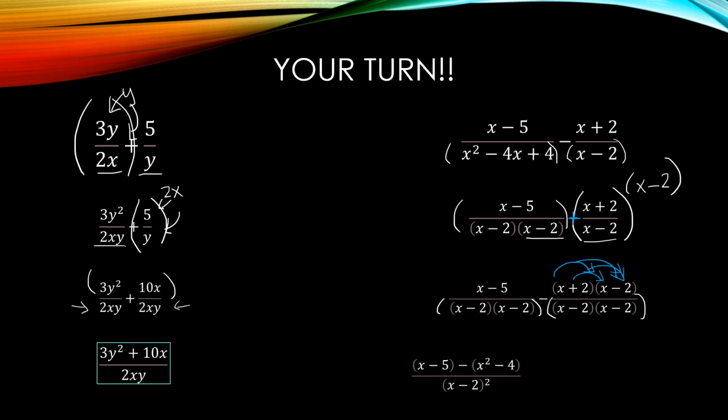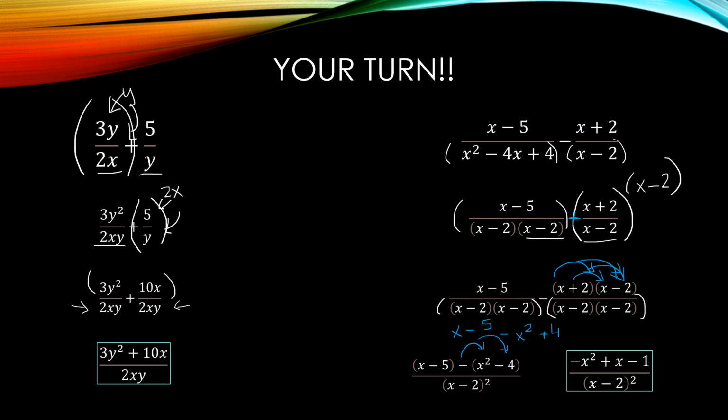Now, before I subtracted, what I like to do is go ahead and distribute the negative. And that ended up giving me, oh, I didn't write it there, so that ended up giving me negative x squared plus 4. And then I subtracted that from x minus 5.